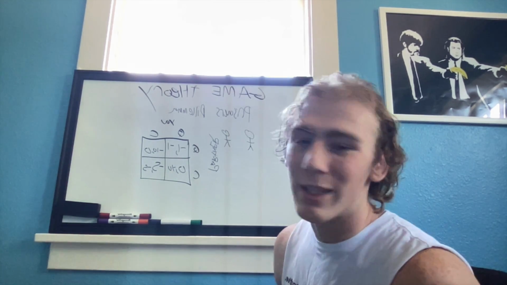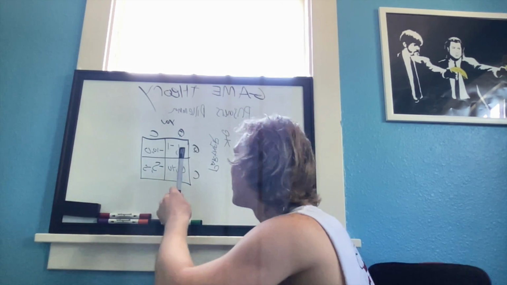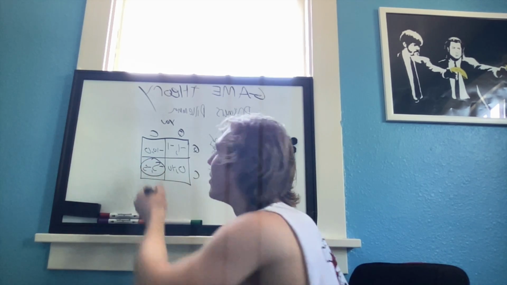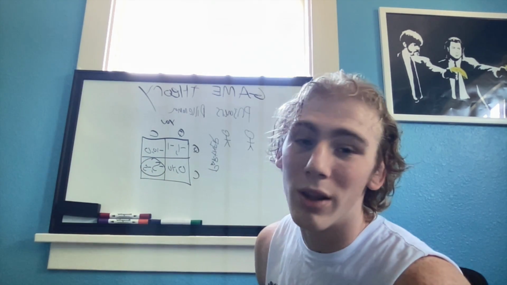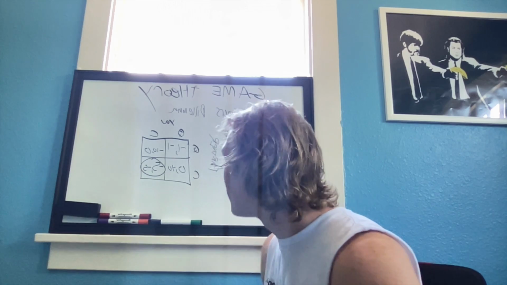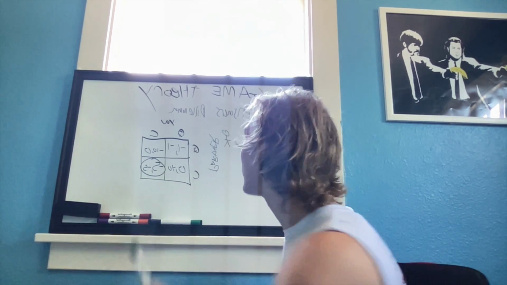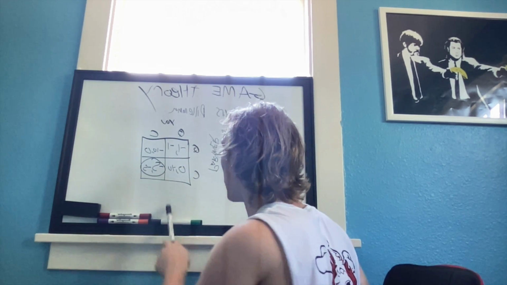What the prisoner's dilemma says is essentially, rationally, this is the only decision that would logically make sense. Because you have to look at it from the perspective of each person. So let's look at it from your perspective, which is this column.